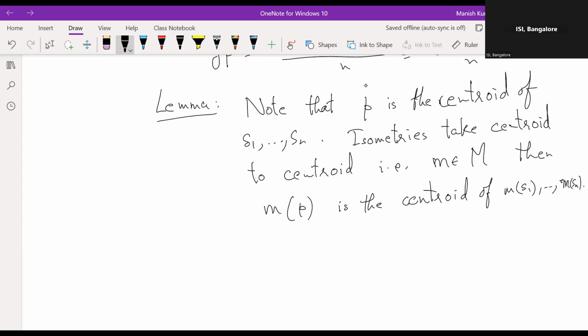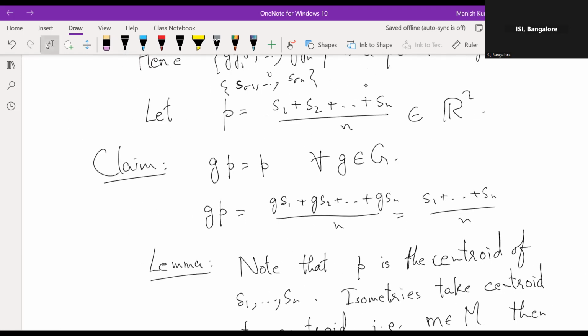Let's assume this lemma. What it says is that the centroid of S1 to Sn, when you apply M to it, becomes the centroid of MS1 to MSN.